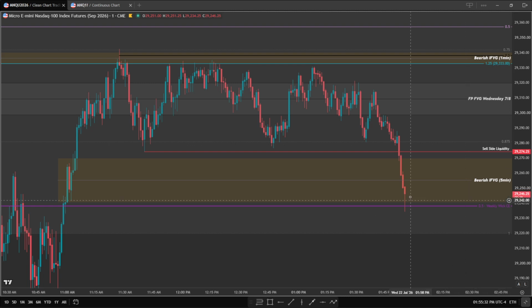I don't know what's more frustrating or what's more difficult about this. I don't know if it's that trading is so difficult, or that people don't understand how difficult it is. I don't know what's more frustrating.